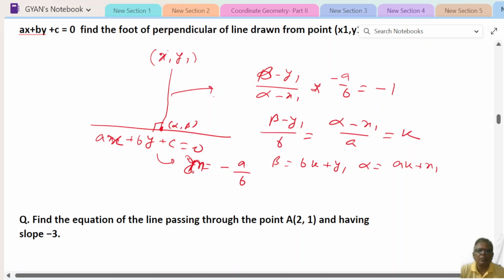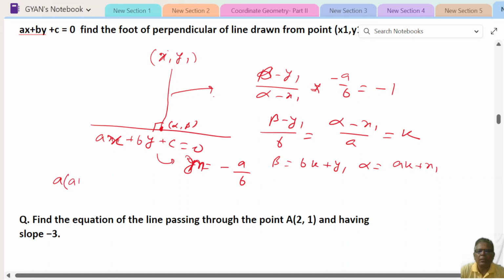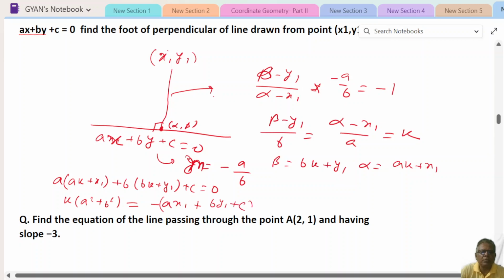Now this point satisfies the equation of the line, so a(ak plus x1) plus b(bk plus y1) plus c is equal to 0. Taking k common, k times (a square plus b square) is equal to minus (ax1 plus by1 plus c).